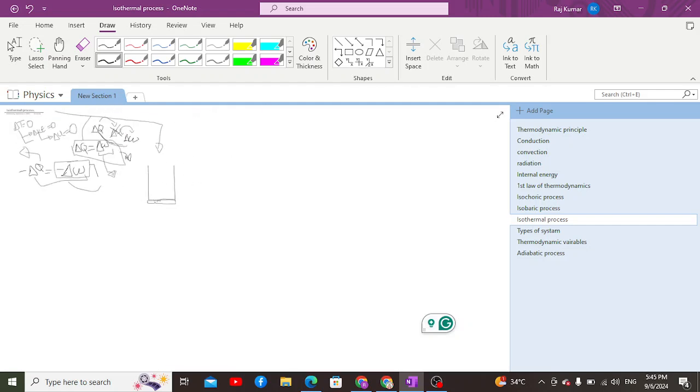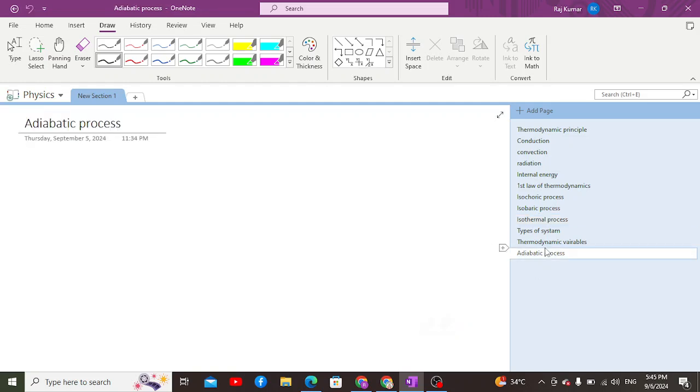So a heat reservoir is placed, due to which the isothermal process occurs. Otherwise, it is not possible in practical terms to utilize the isothermal process. And no system is 100% isothermal, because if there were, it would create an increased efficiency, and that's not possible in any system till now.